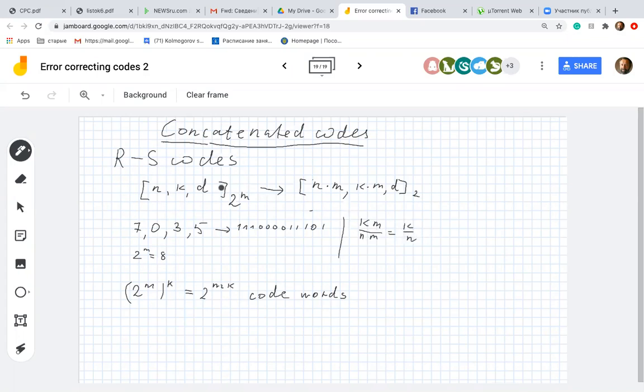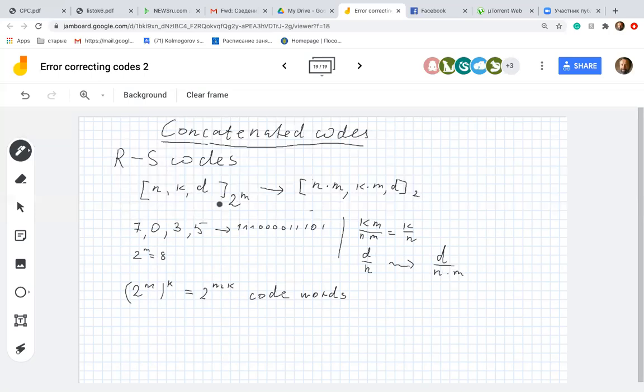But the relative distance becomes much less, because initially we had d over n as a relative distance, and instead we obtain d over n divided by m. So the relative distance becomes m times smaller.